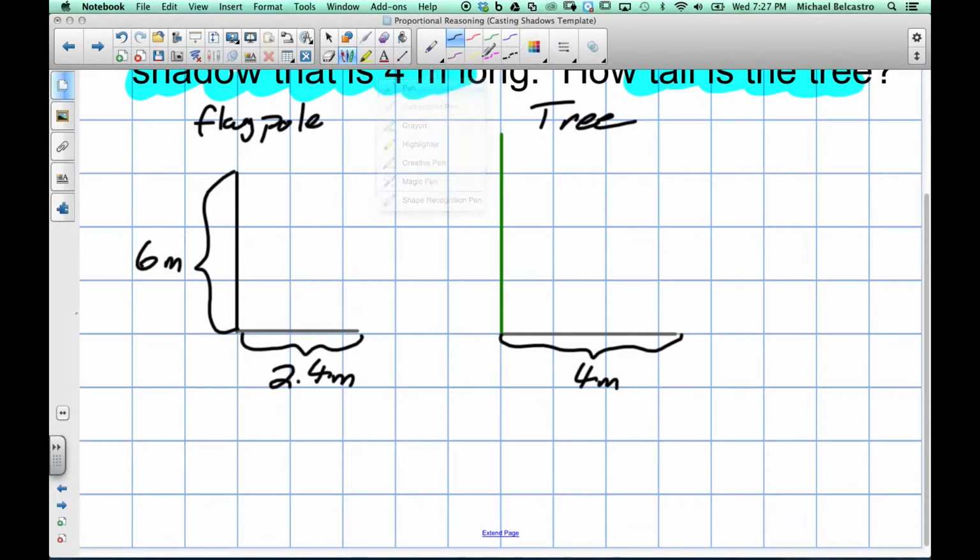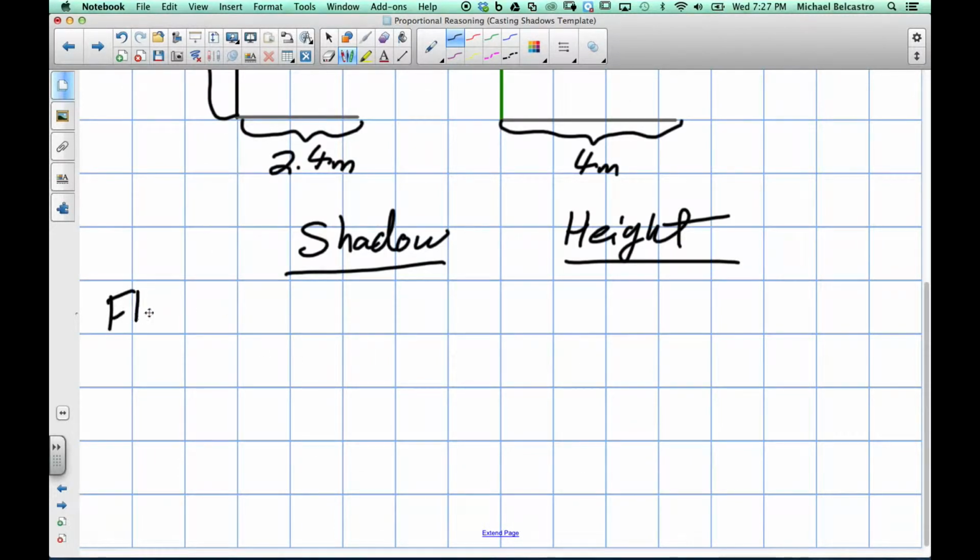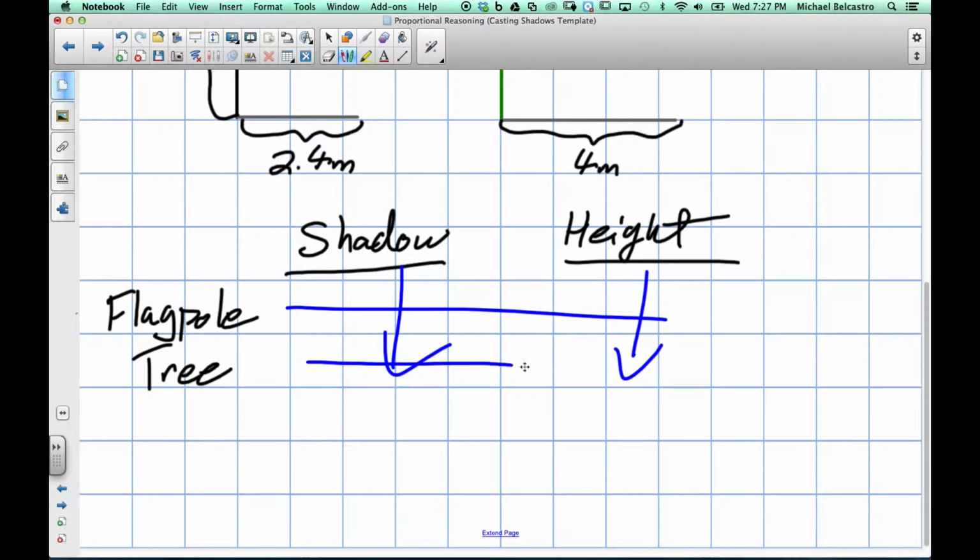So let's build those two categories. We'll have our shadow and our height. And the two objects are our flagpole and our tree. So if you've noticed, I've made 2 columns and 2 rows to help set this all up.